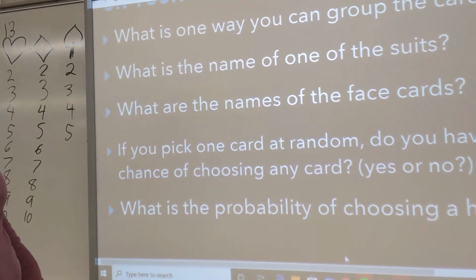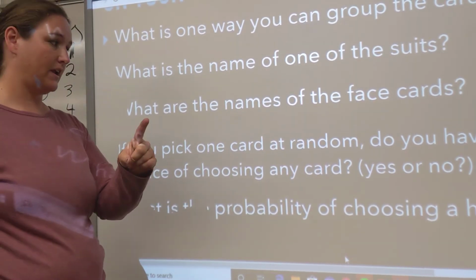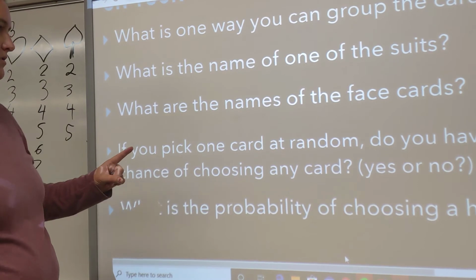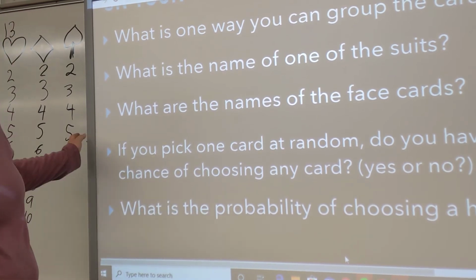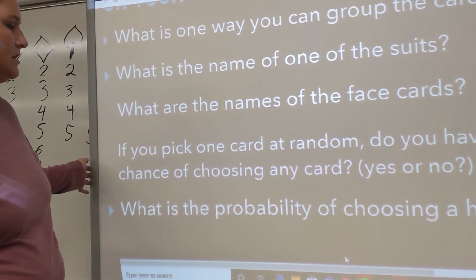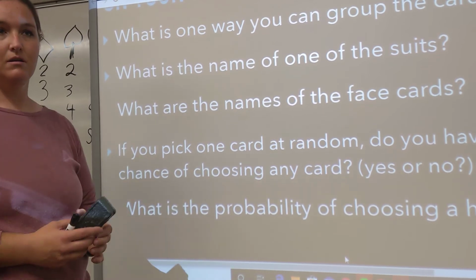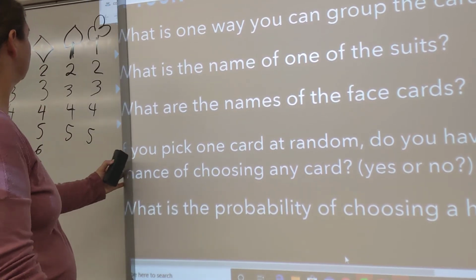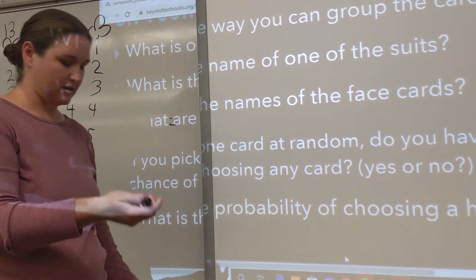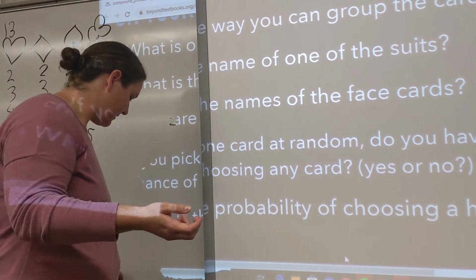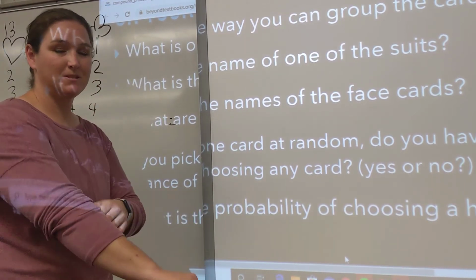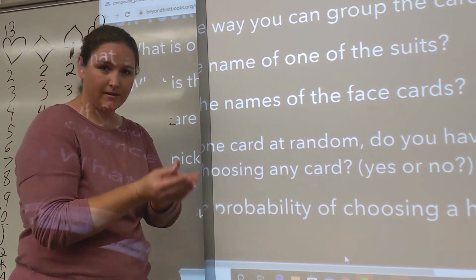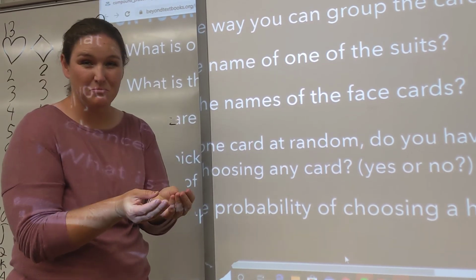Okay, if you pick one card at random, do you have, I think that's supposed to be any chance of choosing any card? Yes or no? Well, let's see, somebody hands you a deck. Let's say Miss Vasquez wants to do a magic trick.